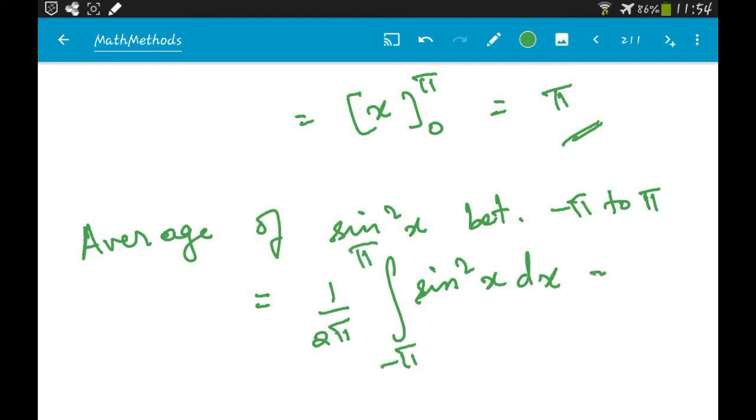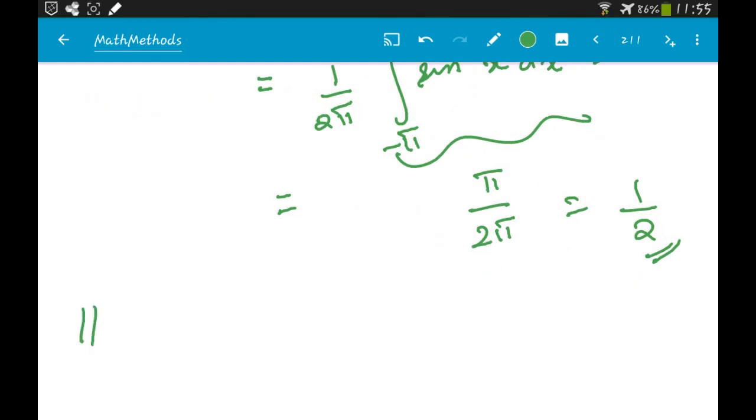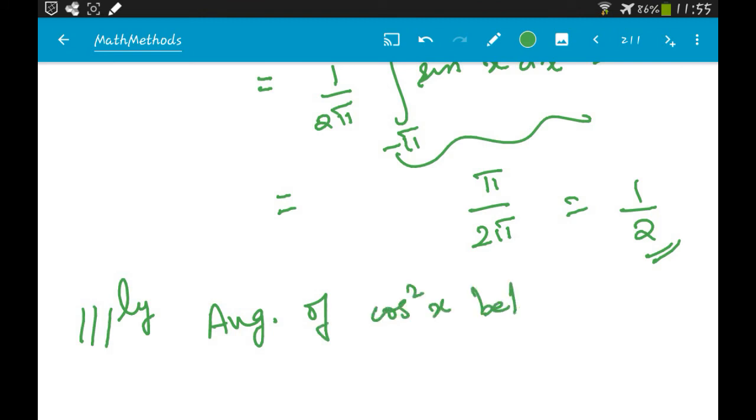So this we have already calculated. This is nothing but your pi. So it will be pi by 2 pi, which is half. Similarly, you will see that the average of cos square x between minus pi and pi is nothing but half. Okay, alright.